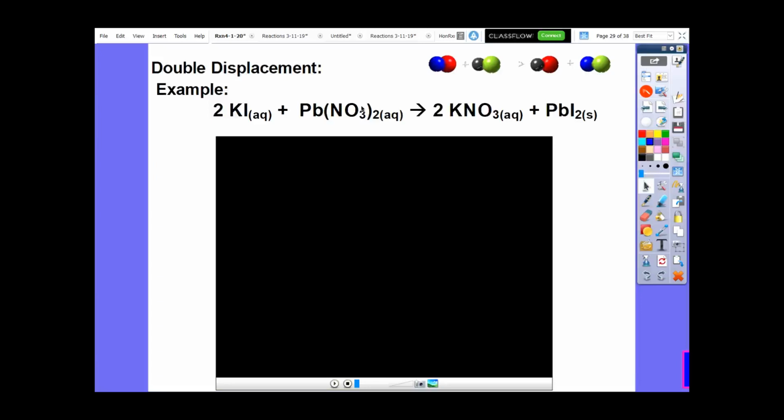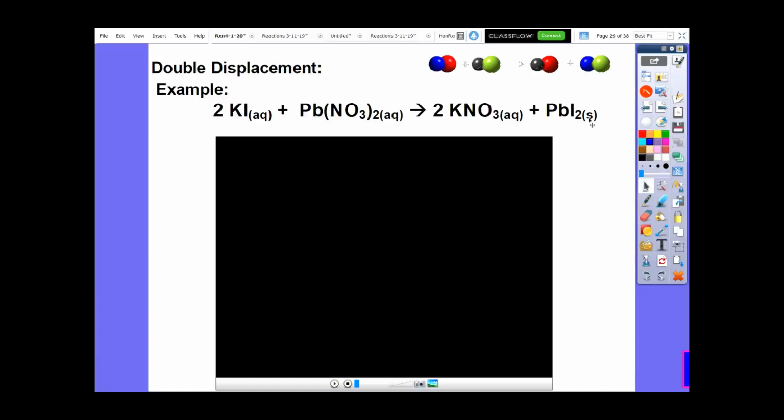It's only really a reaction if 2 of those 4 ions decide they'd rather come together and form a solid and precipitate out of solution. So here, my lead and my iodide ions made a solid. My potassium and my nitrate ions, they started as ions floating in solution, and they're ending as ions floating in solution.